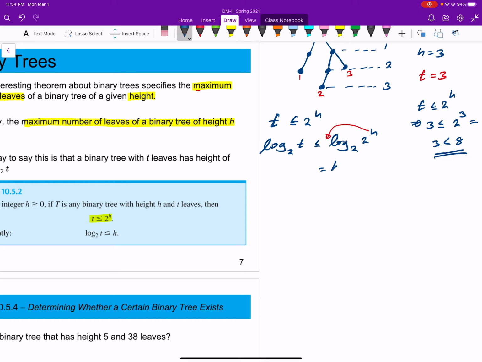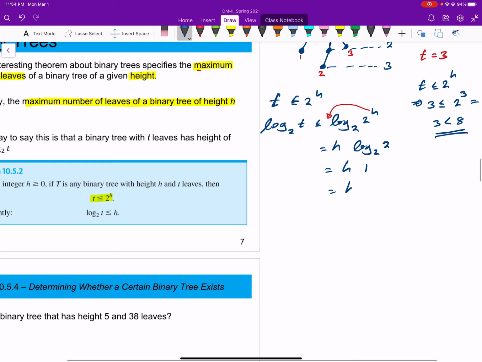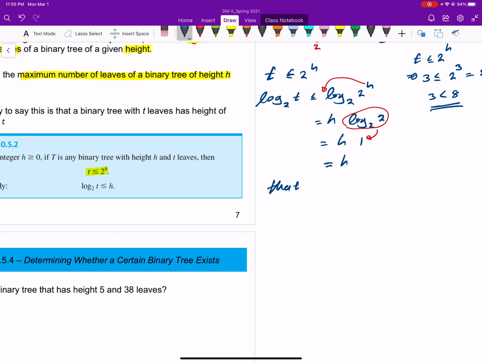So you write this as h log 2 to the base 2, and you know log 2 to the base 2 is just 1. So this is just h. That means log of t to the base 2 is less than or equal to h.